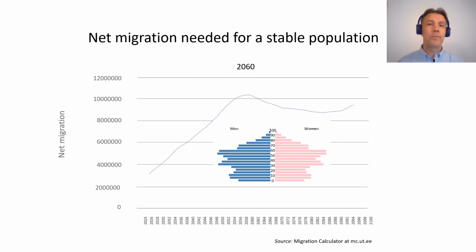So overall, the measures that would help to keep the population stable in China relate to fertility and migration, but still it's not very likely that the current population size in China could be maintained in the future.